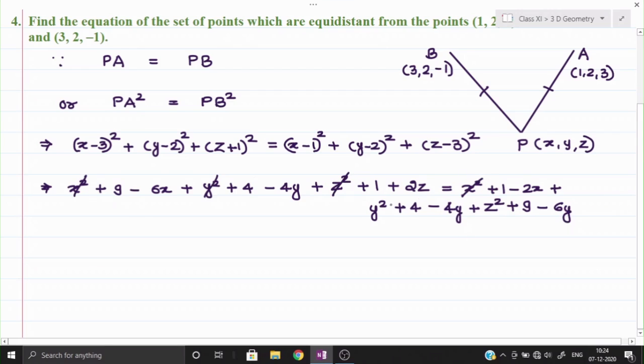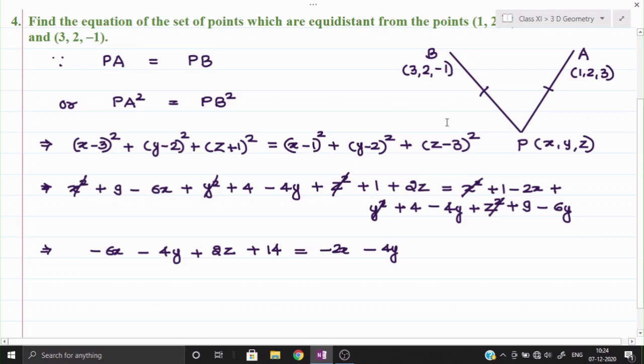Okay, now we can do one thing. First of all, we can add the constant terms. So minus 6x minus 4y and plus 2z, I am writing as it is here. 9 plus 4 is 13, 13 plus 1 is 14. So plus 14 as it is. Similarly, again minus 2x minus 4y, and I think I wrote this one wrong.